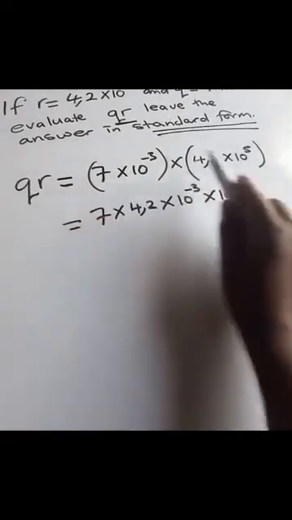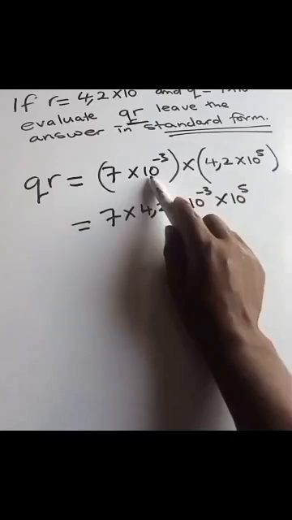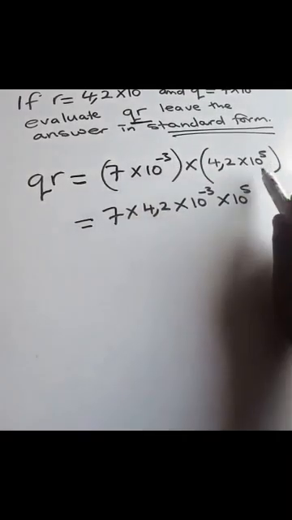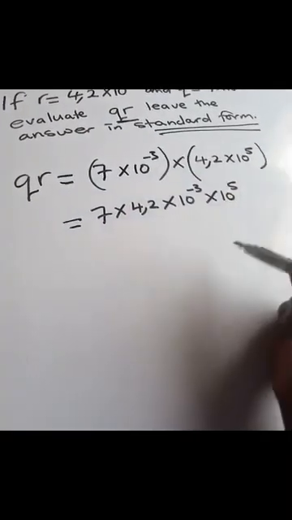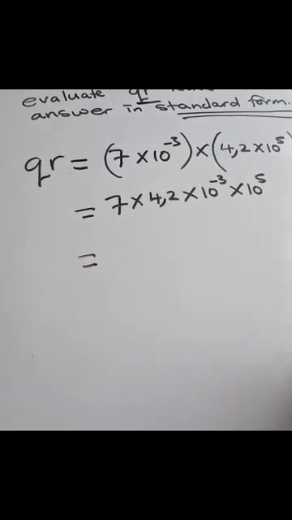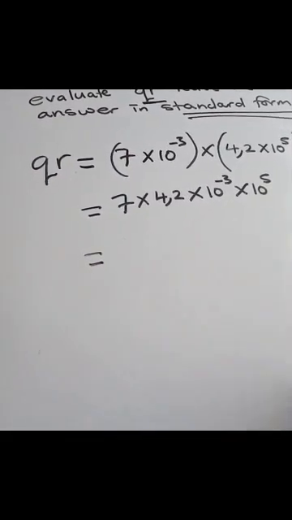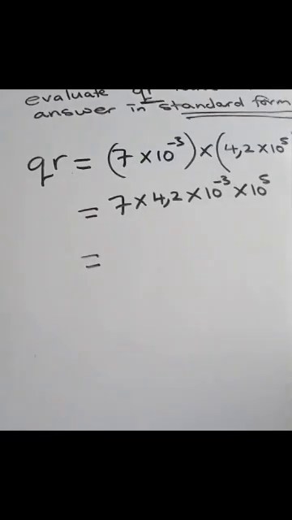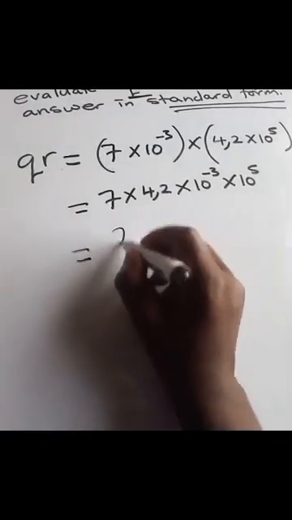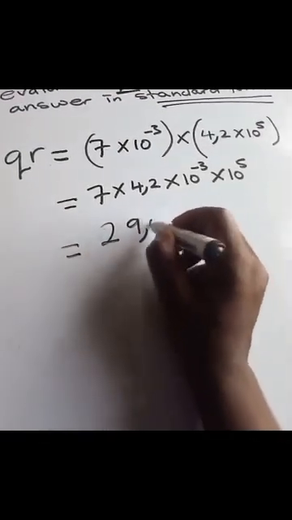This number times this number times 10 to the power of negative 3 times 10 to the power of 5, which means we move on and say, 7 times 4,2, we get 29,4.